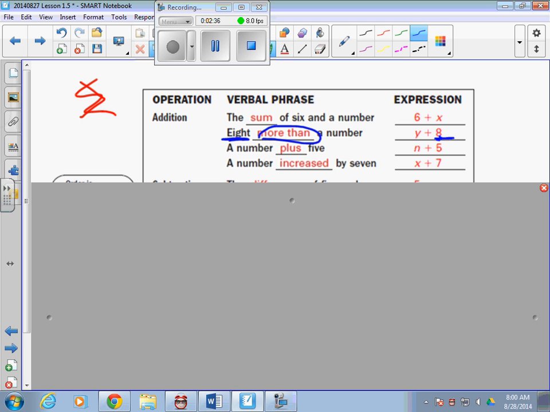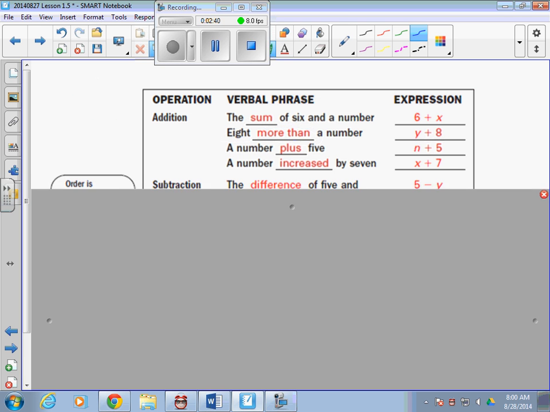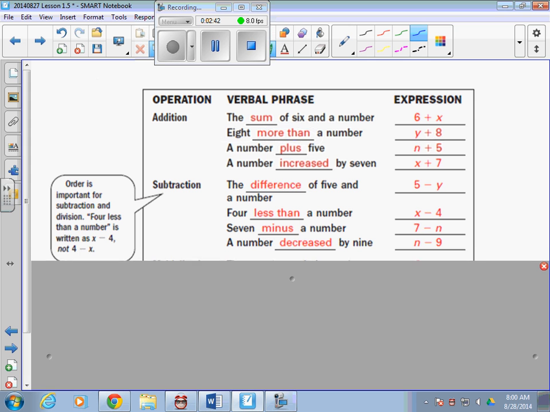When you use more than and less than, it confuses people because it goes backwards compared to the way it's written. Now, subtraction, on the other hand, the less than one is the one that people have the most problems with. 4 less than a number is written backwards, just like 8 more than a number is written backwards. Notice the rest of them are all written in the same order in the verbal model and in the mathematical model.